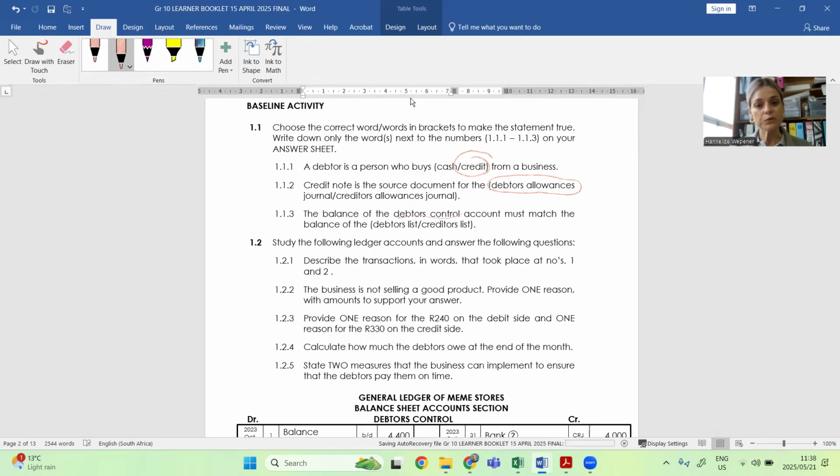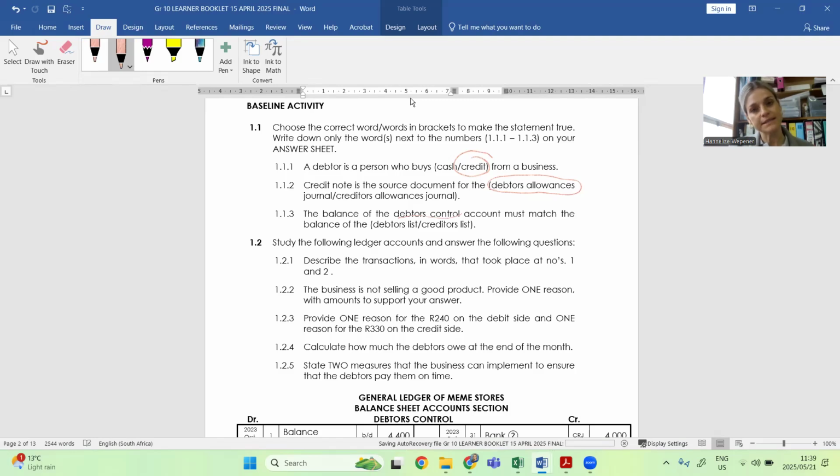Then what we also do with our subsidiary journals is we have to remember that we also need to keep track of all the debtors transactions per individual debtor, because I need to be able to go to a debtors account and I need to see what invoices I issued to this debtor, what payments I received, in order for me to see how much this debtor still owes me at the end of the month, because I obviously want to collect my money.